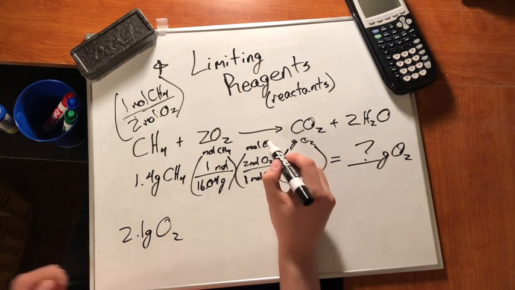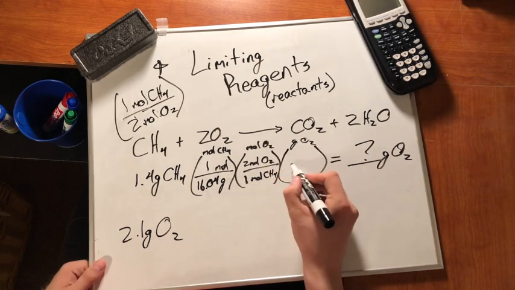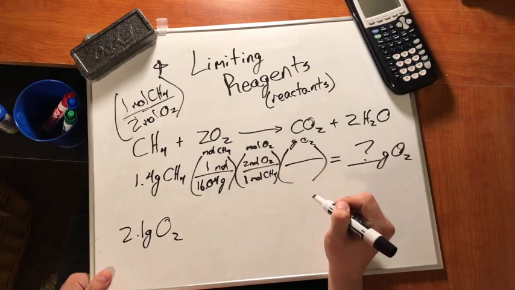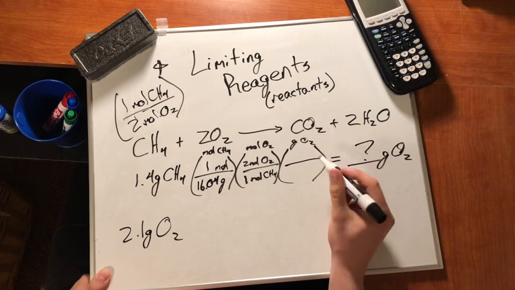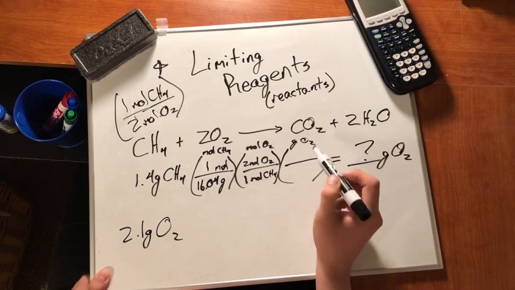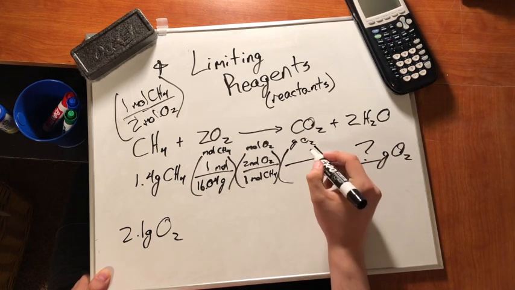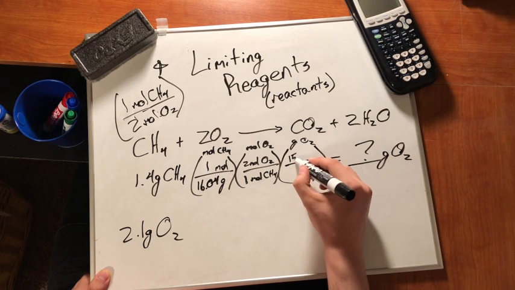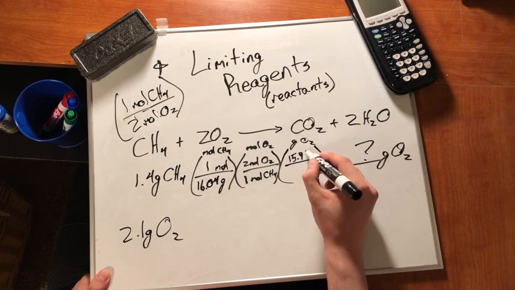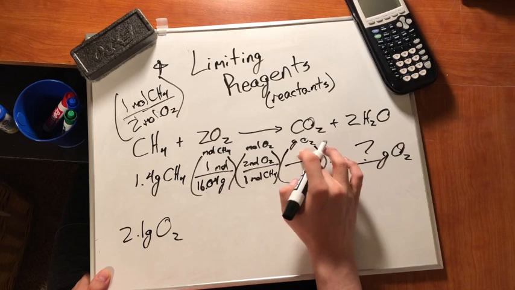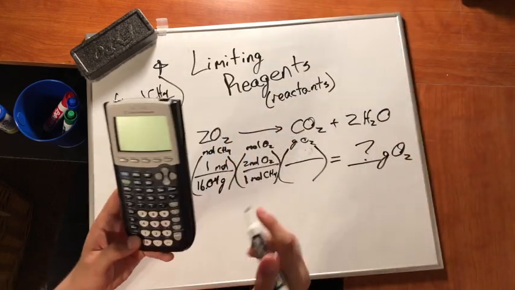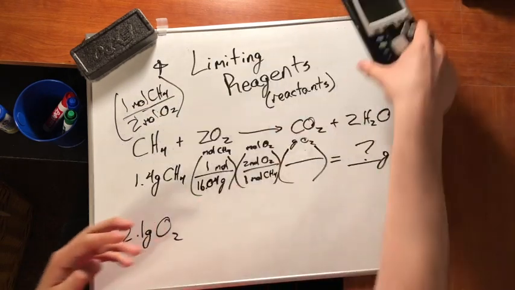That'll get me to moles of O2, and then my last step is grams of O2. We've said before, if I want to convert from moles to grams of a substance, I need the molar mass. The molar mass of oxygen is actually 15.99 times 2. We can round that to 32.